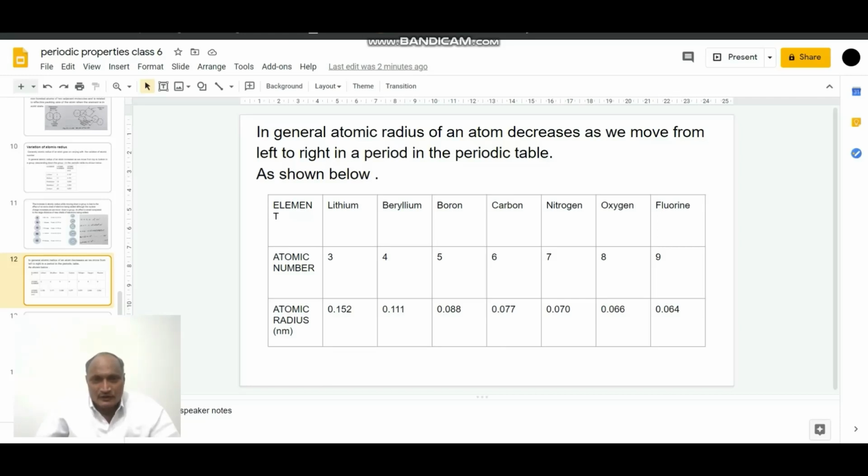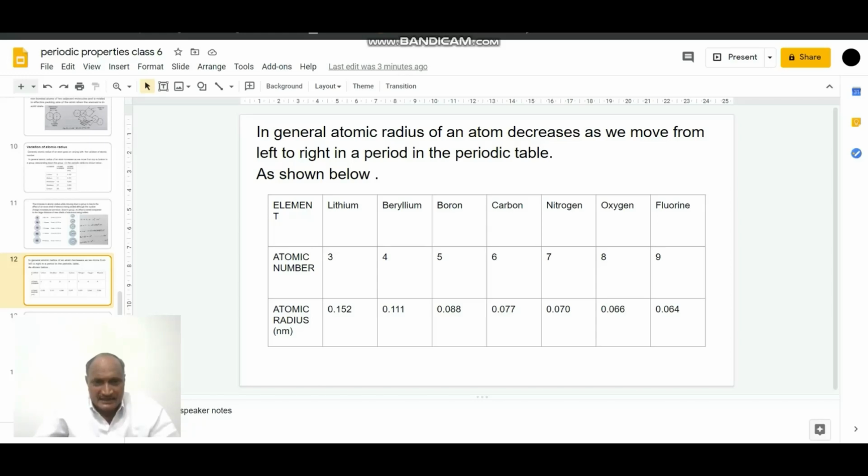As I have told you already, as the atomic number increases, definitely there is a change in the atomic radius. In the last discussion, we studied that as we move from top to bottom in a group, due to the addition of an extra subshell of electrons, the size of the atom increases.